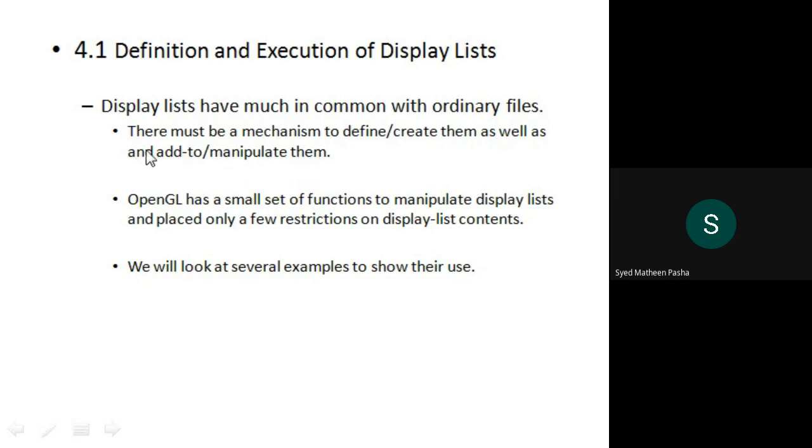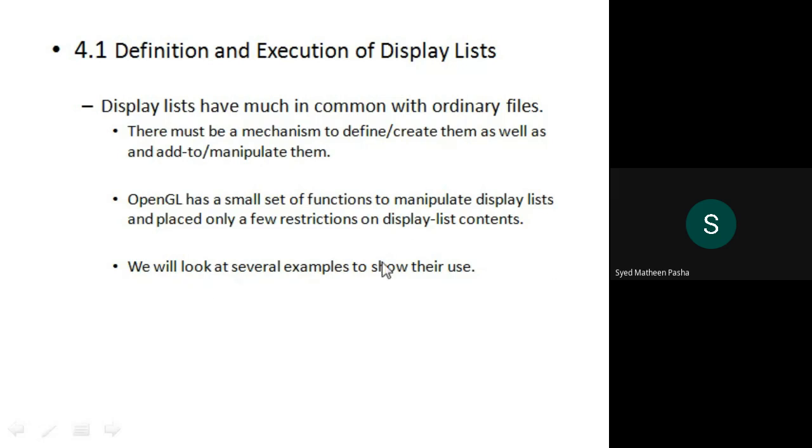We use some mechanisms for the display list so that we can define it, execute it, or manipulate it. In OpenGL, display lists are defined similarly to geometric primitives. Whatever primitives we use, such as GL_POLYGON, GL_TRIANGLES and so on, similarly in OpenGL, display lists are defined in the same way. OpenGL has a small set of functions to manipulate display lists and places only a few restrictions on display list content.